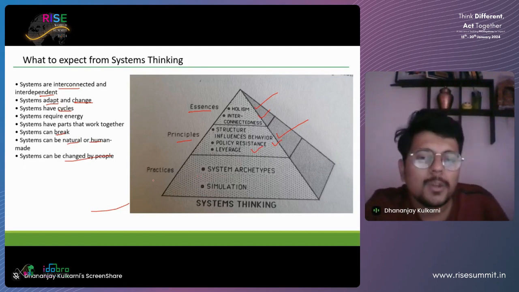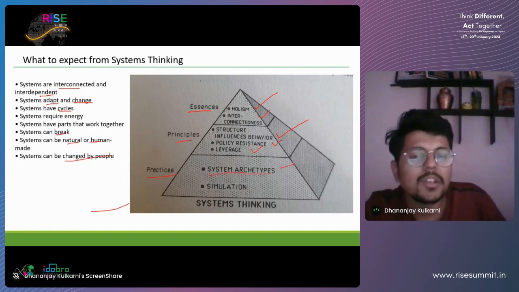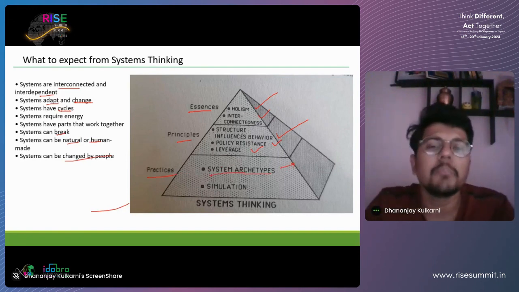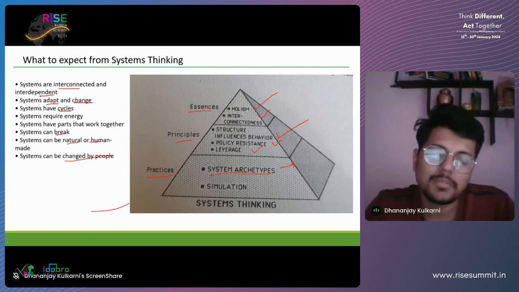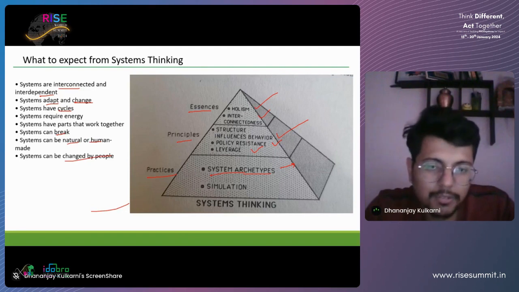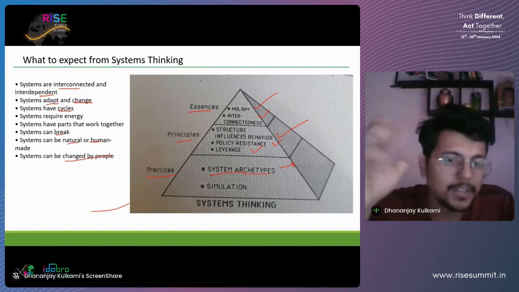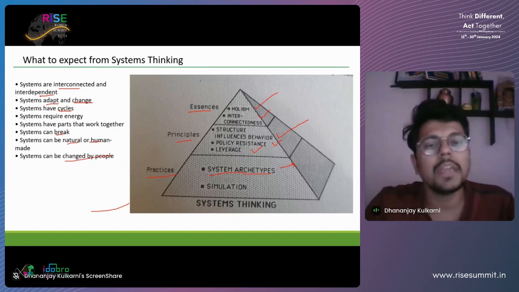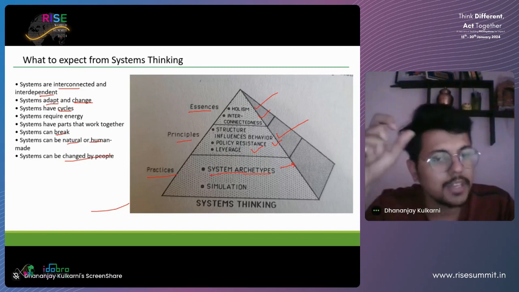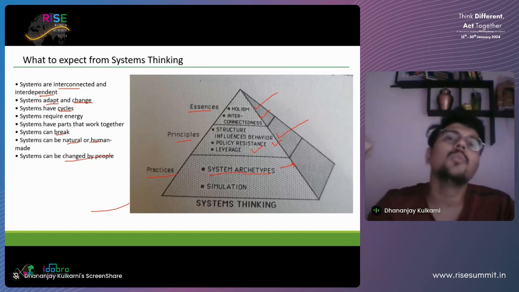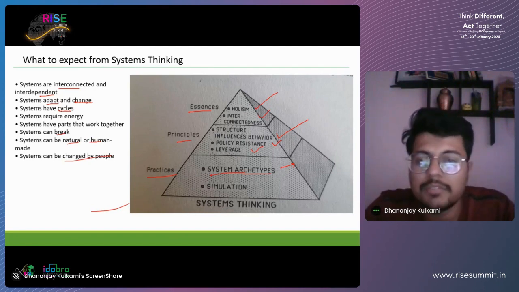And if you ask how exactly that is to be done, one way is with system archetypes. There are some models of behavior that we can categorize under different archetypes, because it's not possible to understand every system separately, right? But there are some common behaviors. We can categorize them with multiple system archetypes, study them, and then correlate them with the real world problems that we have.